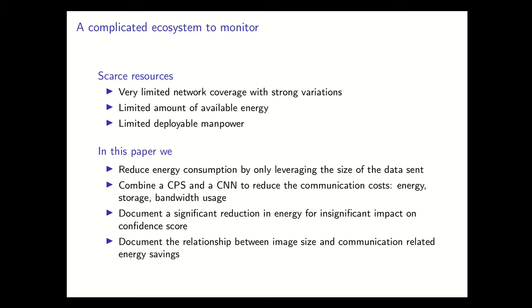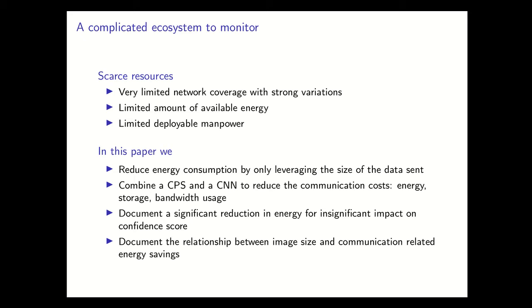And finally, working on the Arctic tundra and with nodes deployed on the Arctic tundra, we know that the manpower available to deploy such nodes is very limited for a very limited amount of time. You can't go up there during the winter, for example, because it would be way too dangerous and way too complicated.